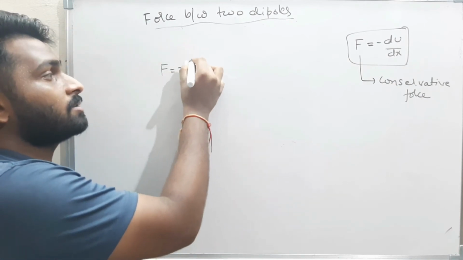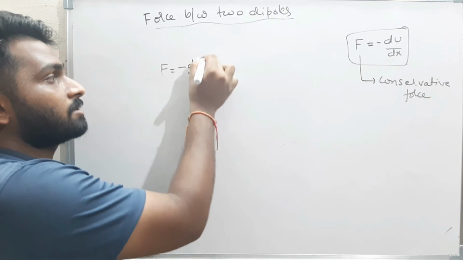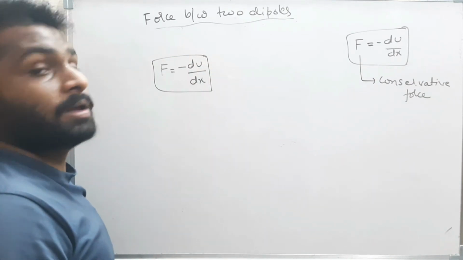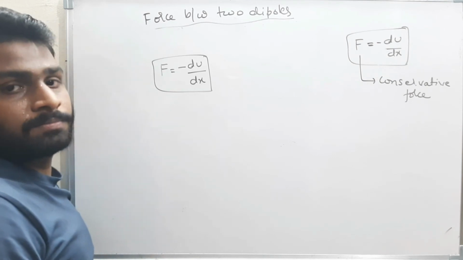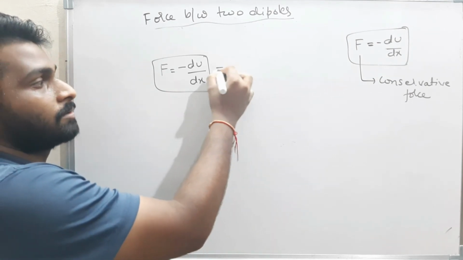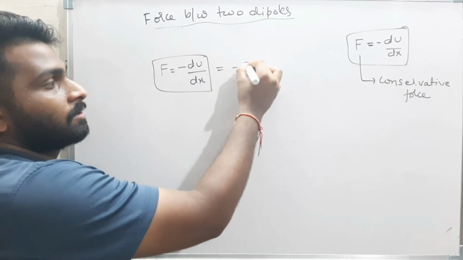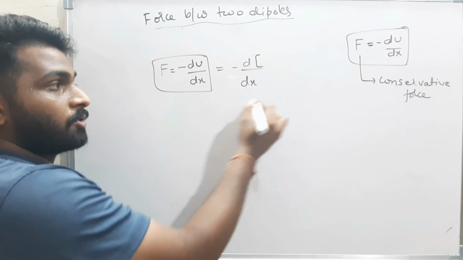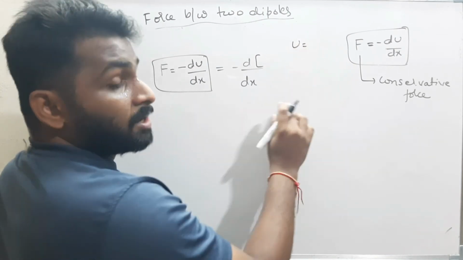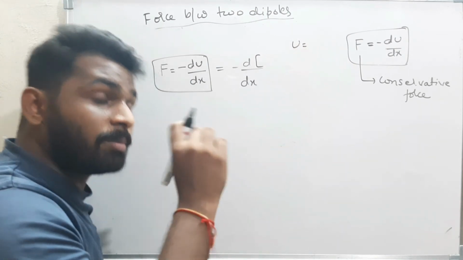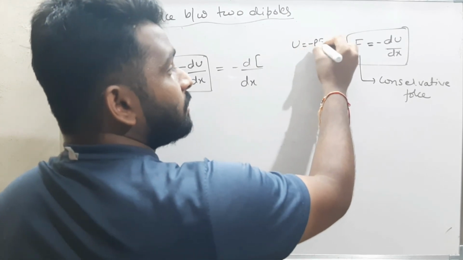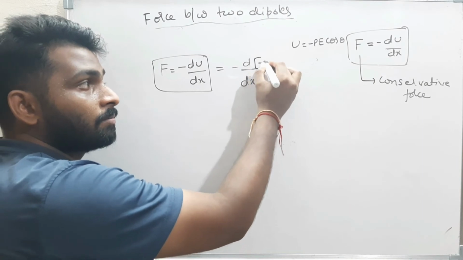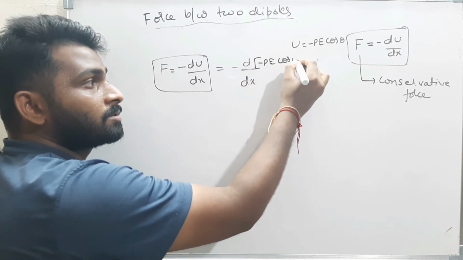Therefore, force is equal to minus dU by dx. Now here, what is U? What is the potential energy formula? The potential energy formula for the dipole when it is placed in a uniform electric field is minus P cos theta.